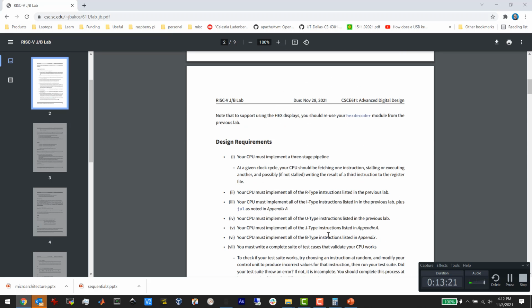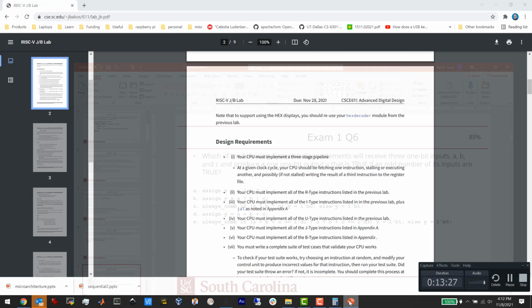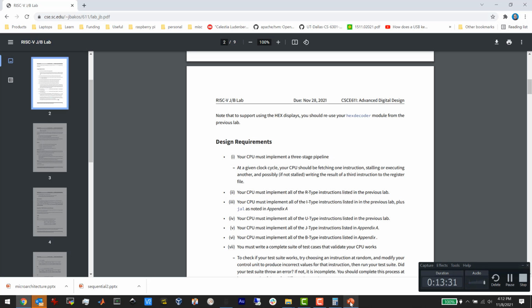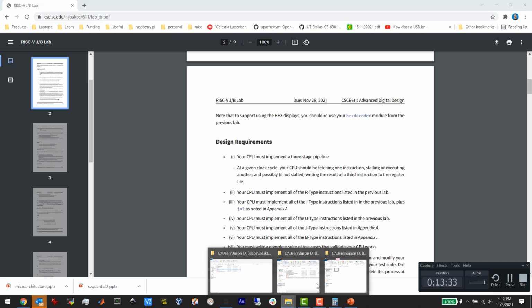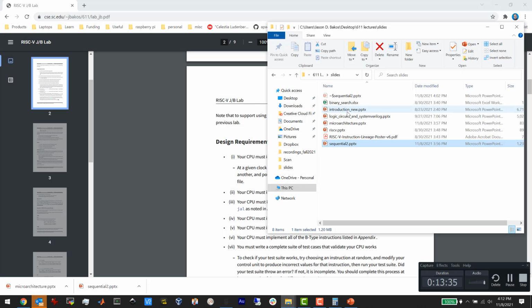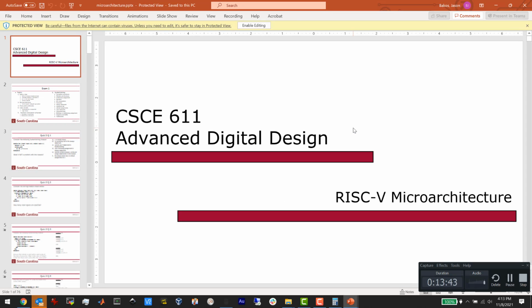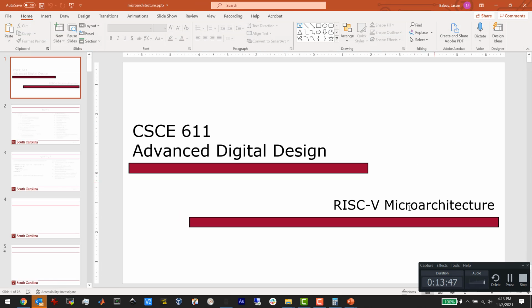But as I mentioned in class, the objective is to implement the branch and jump instructions.